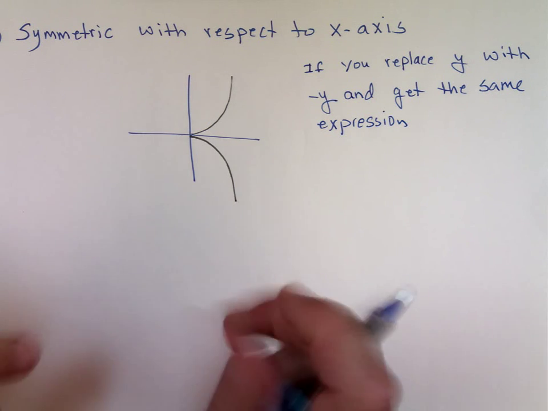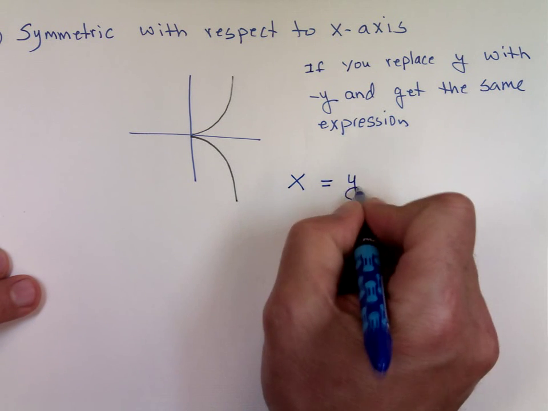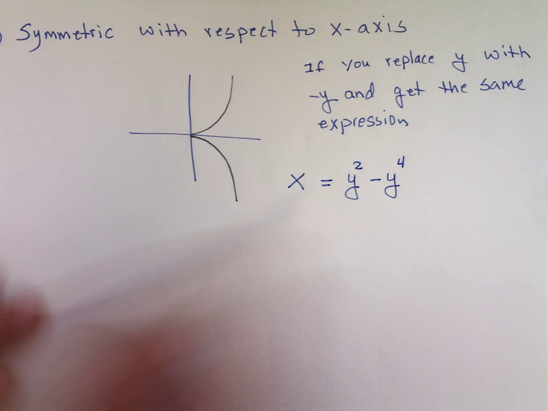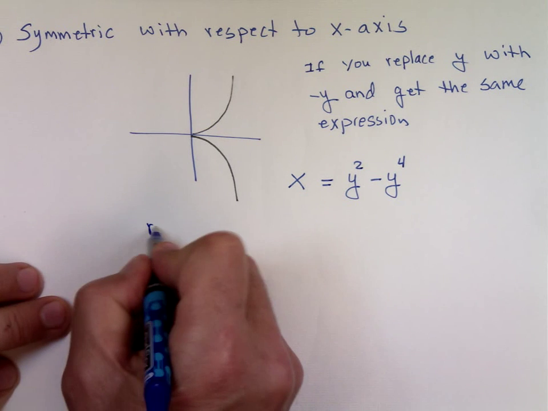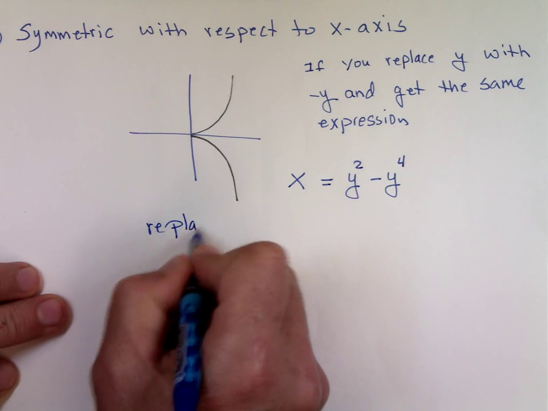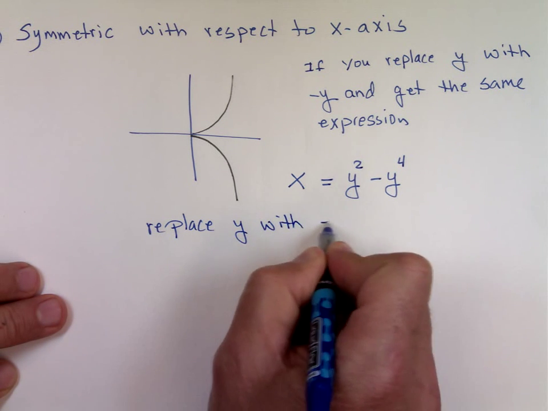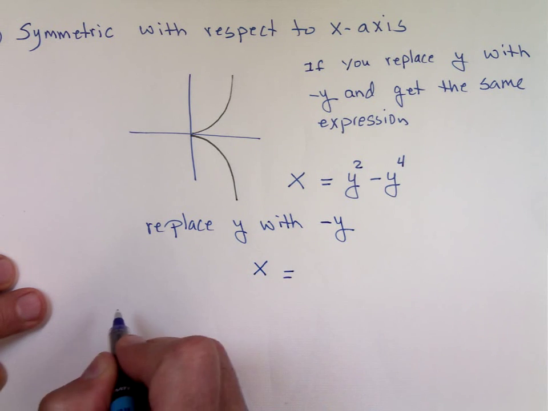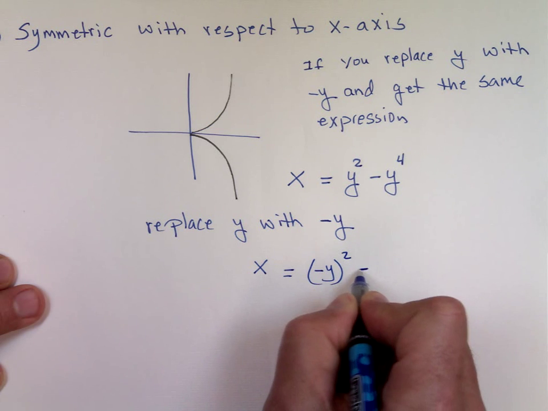I could have this one, x equals y squared minus y to the 4th. Now if I replace y with negative y, what are you going to have? x equals negative y squared minus negative y to the 4th.